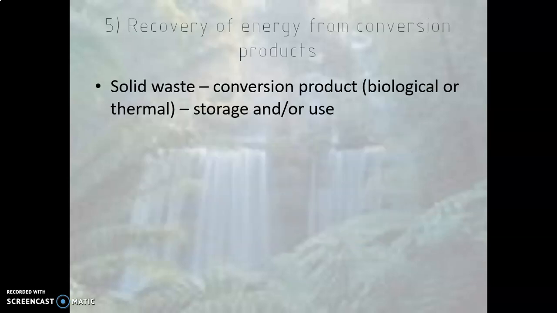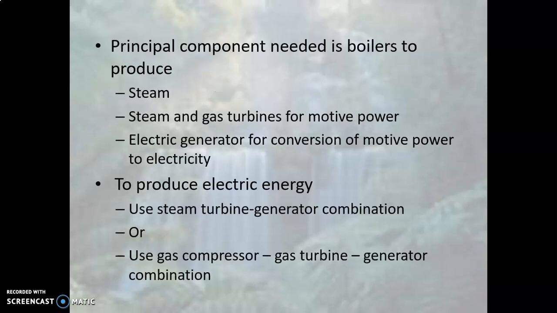For solid waste, the conversion products can be used through biological and thermal processes. The principal components needed are a boiler to produce steam, steam and gas turbines for motive power, and an electric generator for conversion of motive power to electricity.